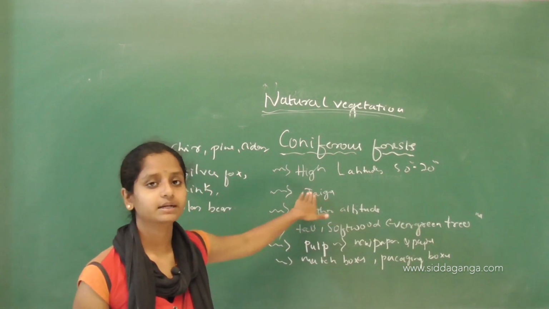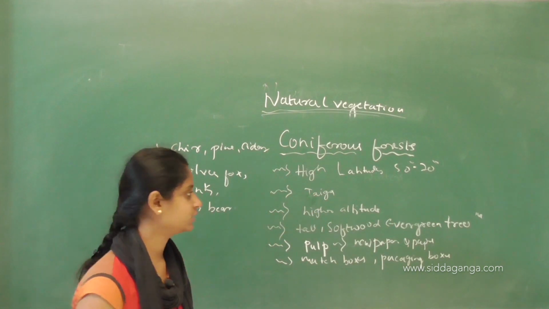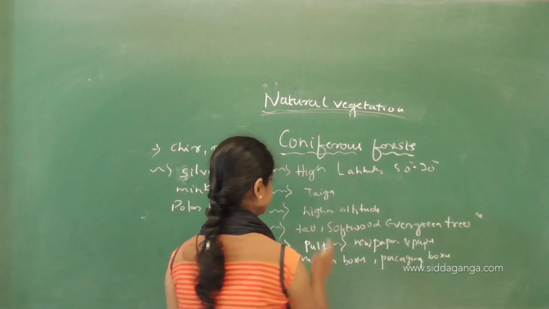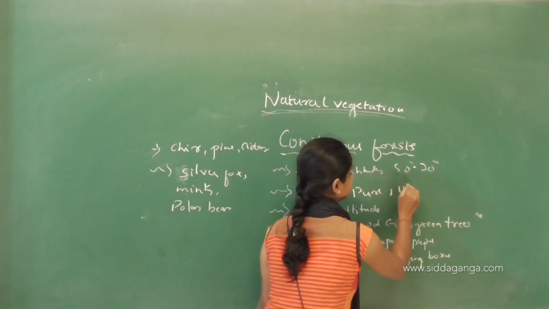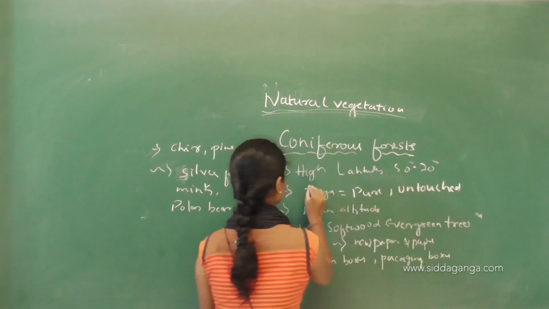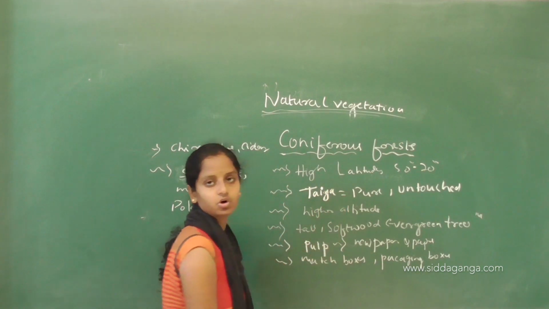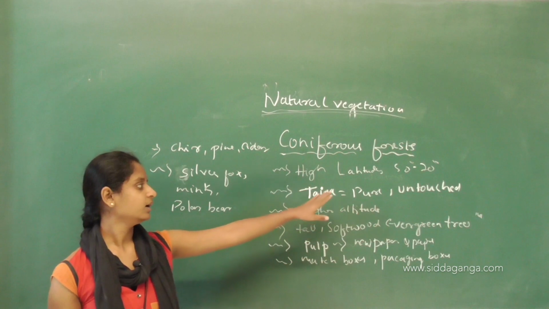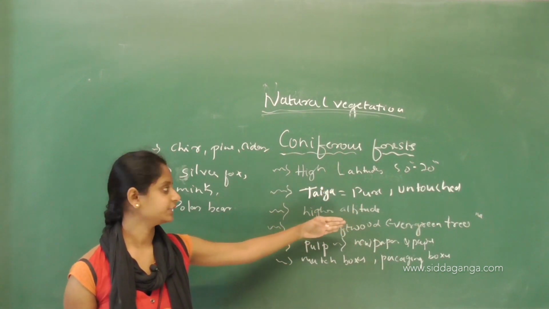Taiga means pure or untouched in the Russian language. This coniferous forest is called taiga, which means pure or untouched in the Russian language.